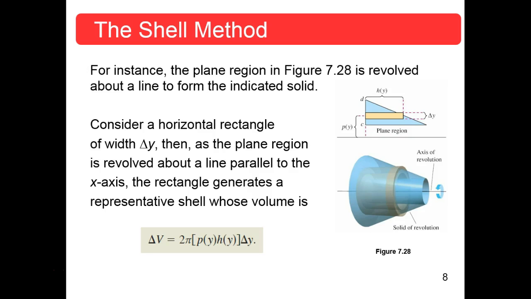So, consider a horizontal rectangle. That's this rectangle here. And just picture that as here. I wish they did a cross section of it, they don't. But this would be, say, this part right here.